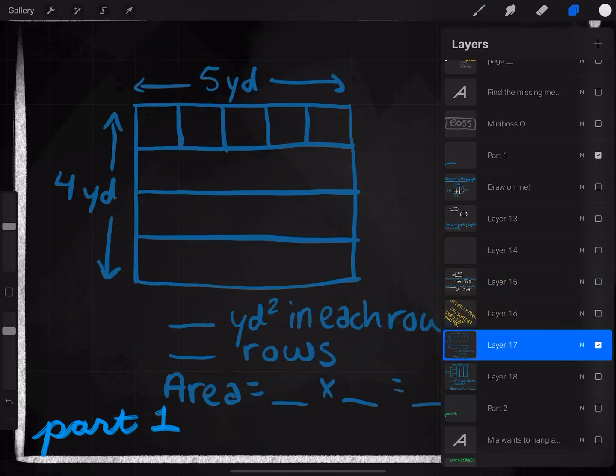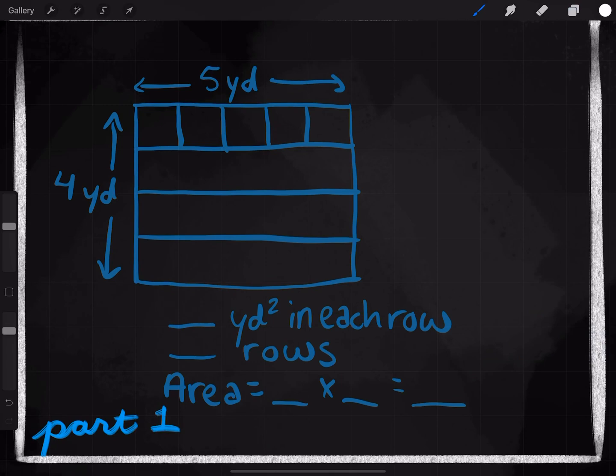All right, so your book will have kind of a crazy picture like this, where it will have, say, yards. So each of these boxes is 1 yard, and 5 yards going this way, 4 yards going this way. So in each row, there's 1, 2, 3, 4, 5 square yards.